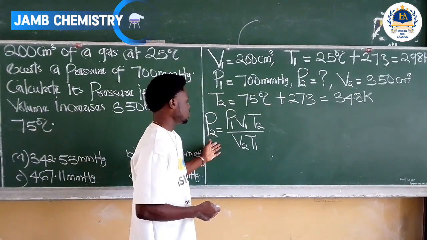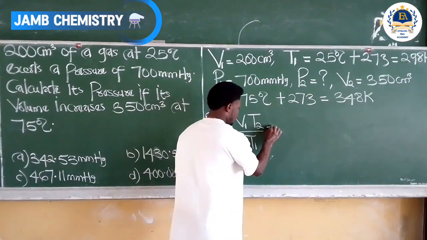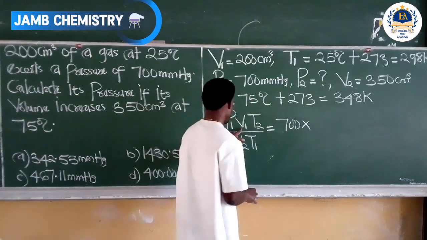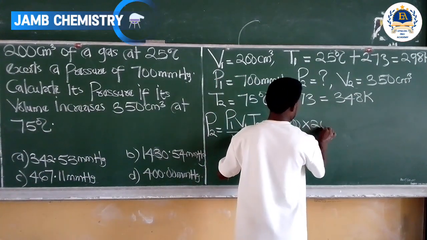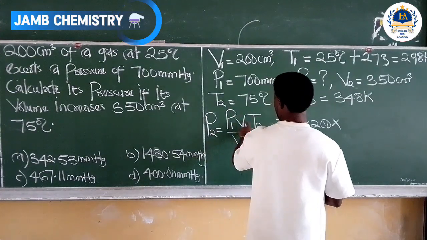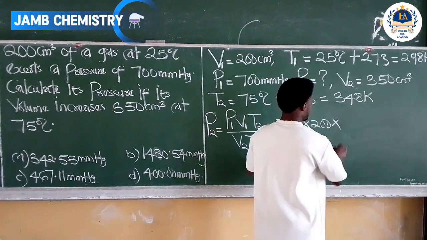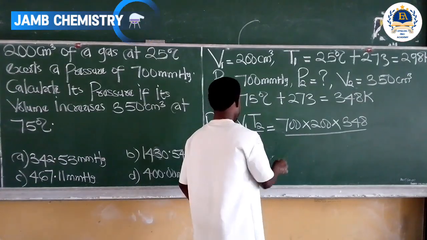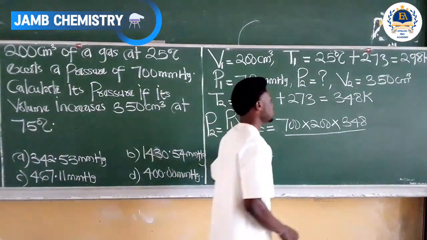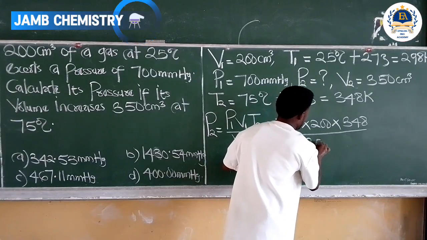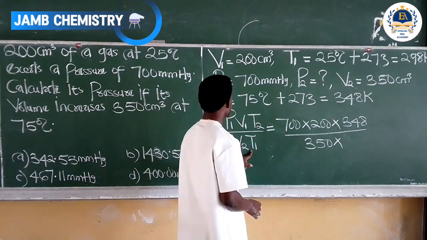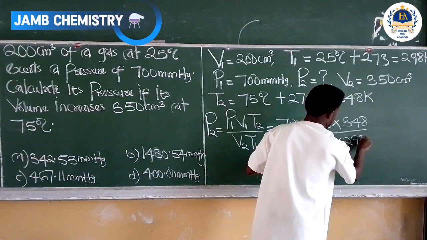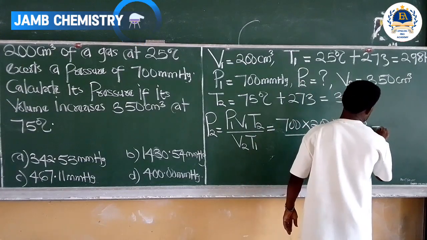I have to bring the equation over to the right hand side so we can solve over here. By substitution, P1 on the board is given as 700 times V1, 200, times T2, 348 Kelvin, all divided by V2, which is 350, times T1, which is 298 Kelvin.